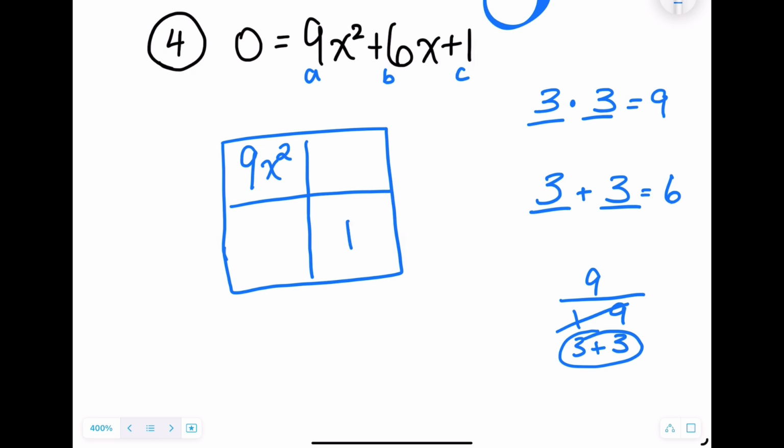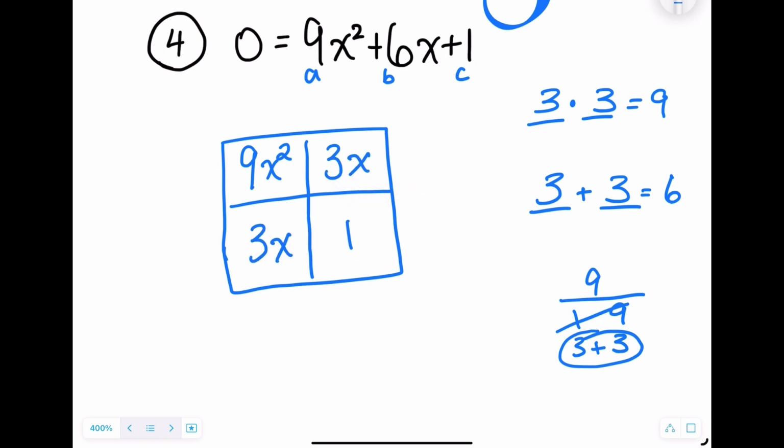And we split the middle term and place it in either the top right or the bottom left boxes. It doesn't matter which one goes where, they will work out to the same answer no matter what. But the top left is always the one that has the x squared in it, and the bottom right is always your C term or your constant. Okay, so we have 3x here and 3x here.